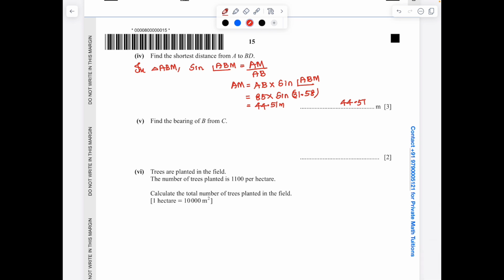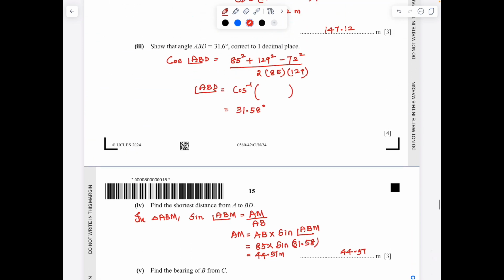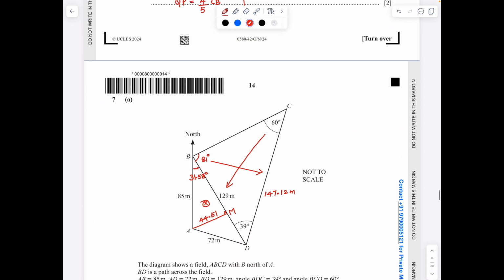Next subdivision. Find the bearing of B from C. Now let me draw a perpendicular at this point C to represent north. Taking BC as a transversal, and these two lines are parallel to each other.